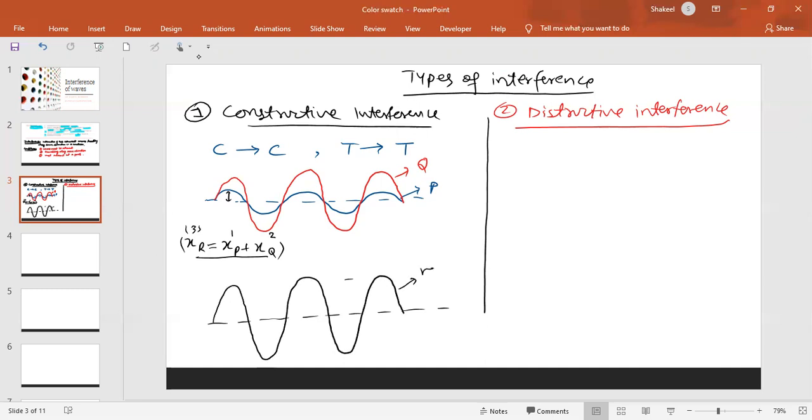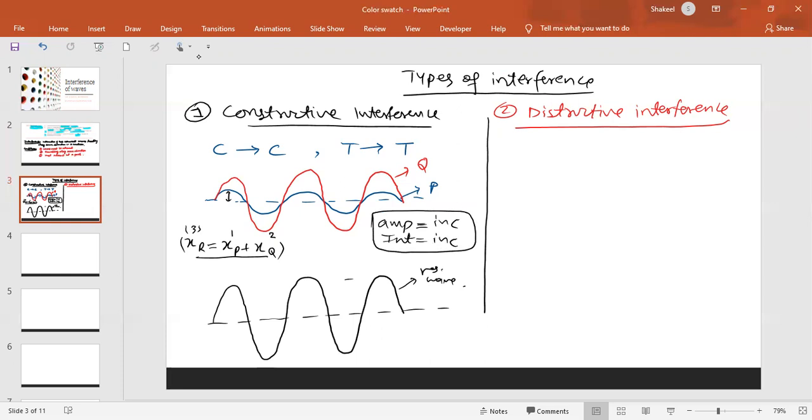So this is your resultant wave. And these two waves, P and Q, undergo constructive interference. When constructive interference happens, the amplitude increases, and the intensity of the wave also increases.